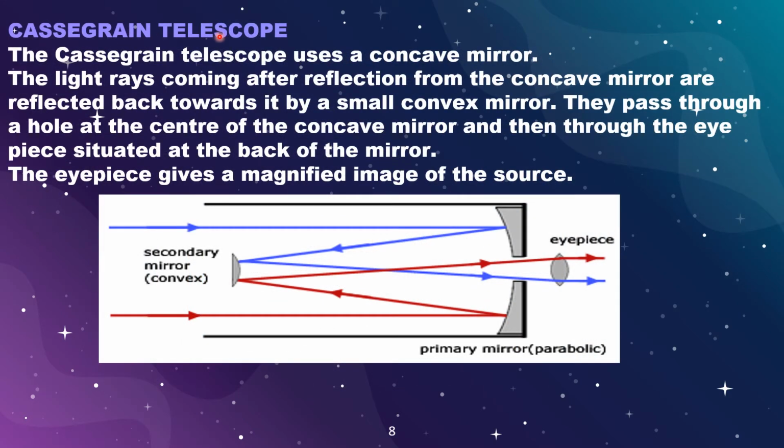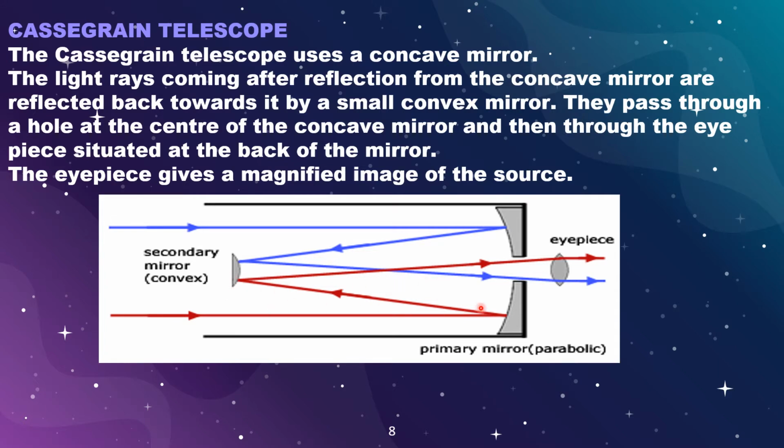The Cassegrain telescope. The Cassegrain telescope makes use of a concave mirror. In this case, the rays of light travel from space and fall on the concave mirror. These light rays get reflected from the concave mirror, and after reflection these light rays are once again reflected back to the concave mirror with the help of a convex mirror.